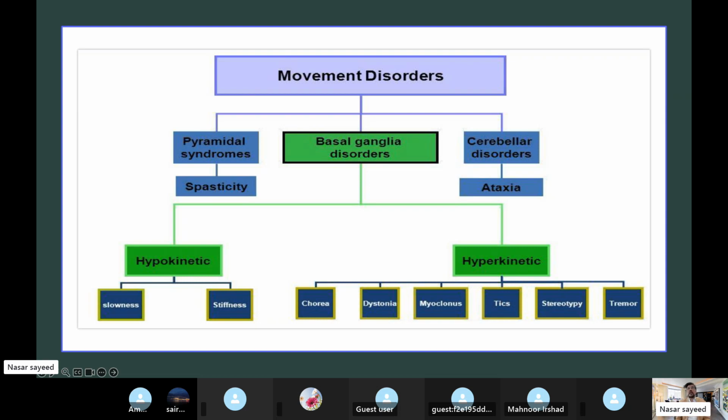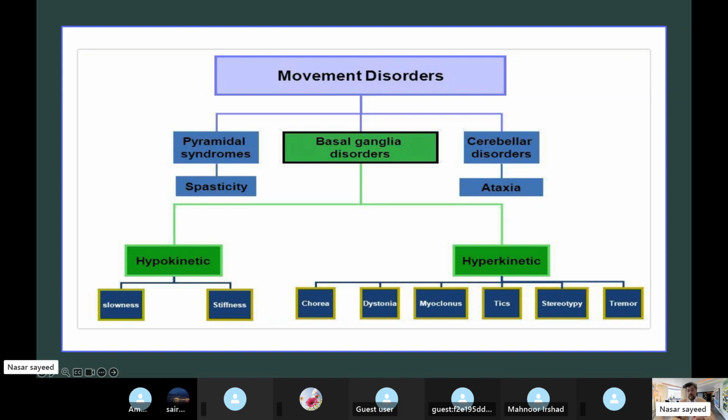Now, if it is pyramidal system, then it can lead to spasticity. So spasticity and related syndromes with spasticity can be there, like dystonia, like other disorders. If it is related to the basal ganglia, then there are two major things: hyperkinetic and hypokinetic. And if it is cerebellar, then there is ataxia.